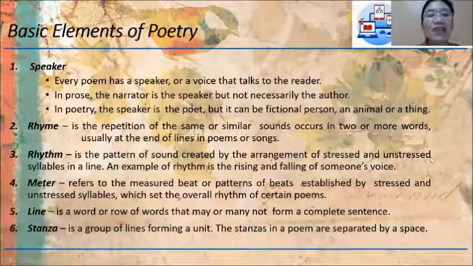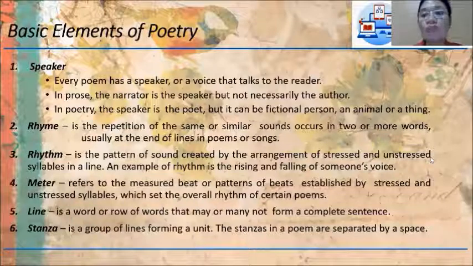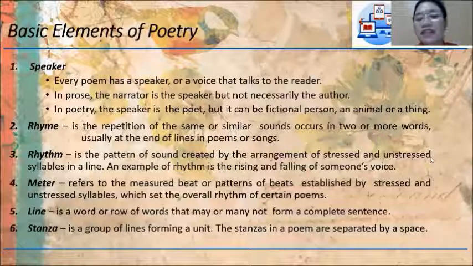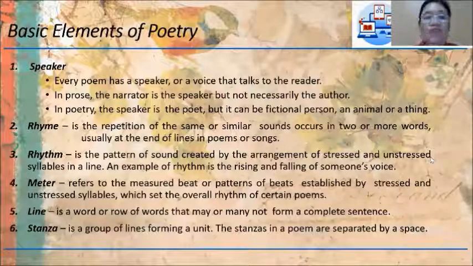Okay? And then poetry has also meter. It refers to the measured beat or patterns of beats established by stressed and unstressed syllables, which set the overall rhythm of a certain poem.